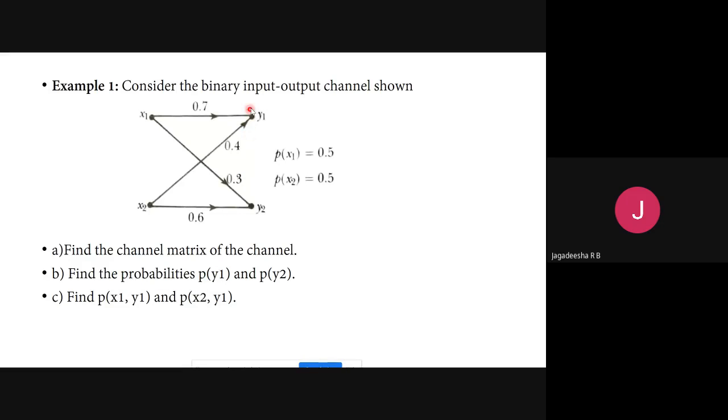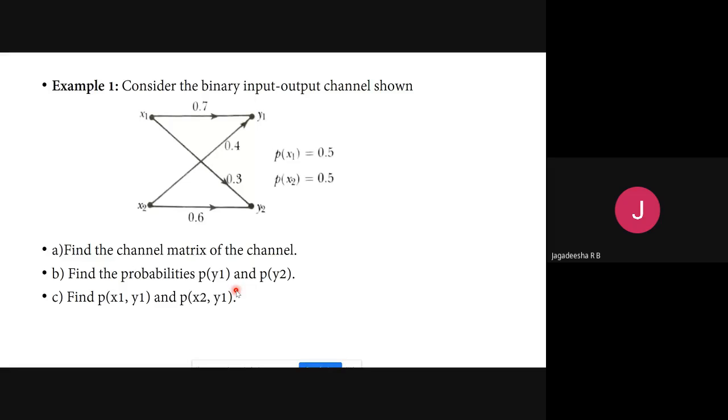We have seen an exclusive equation to find the probability of y1, because output y1 depends on the probability of input and also the transition probability from input to output. Then we also find the joint probability of x1, y1, and the joint probability between x2 and y1. All these 3 cases we have seen in the previous slides, so you should be in a position to solve it by yourself. If you have a paper and pen, try to solve this.